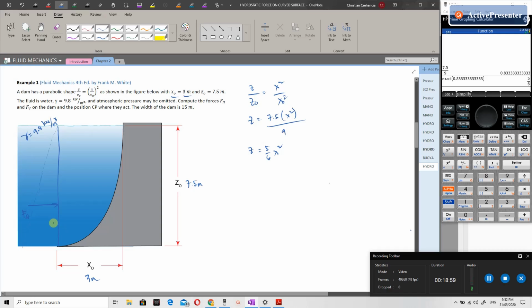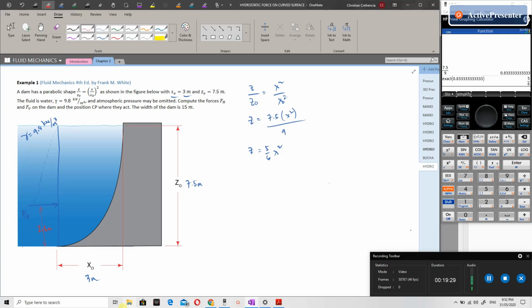If the force graph is triangular, the location of FH is 1/3 of the height of the gate. If this is 7.5, then this is located at 2.5 meters.